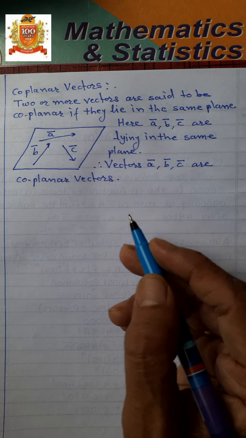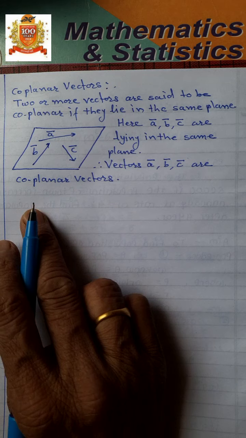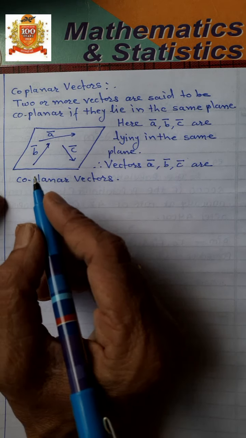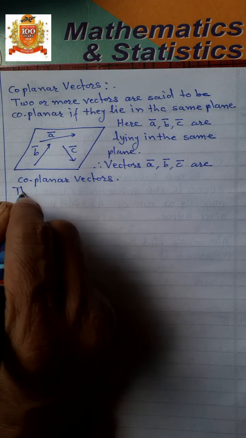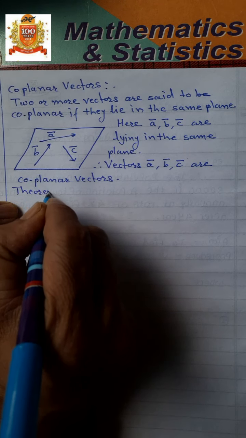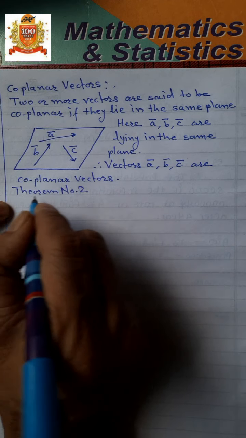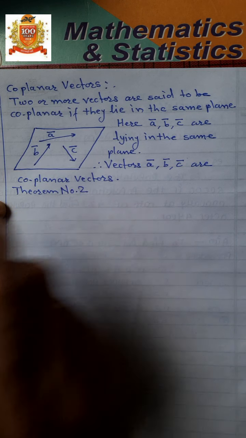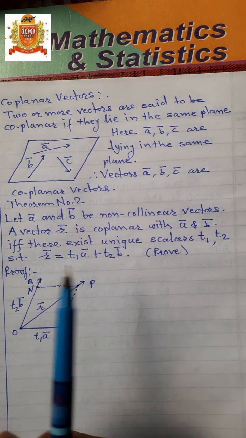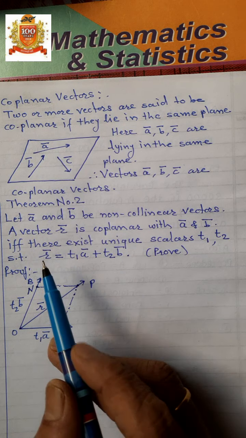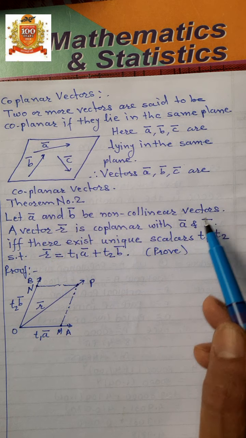Very simple. Now, one theorem is based on coplanar vectors, that is theorem number 2, which is also important. Let a bar and b bar be non-collinear vectors.